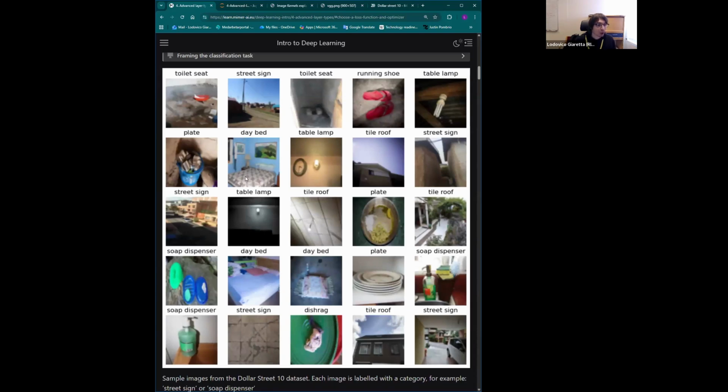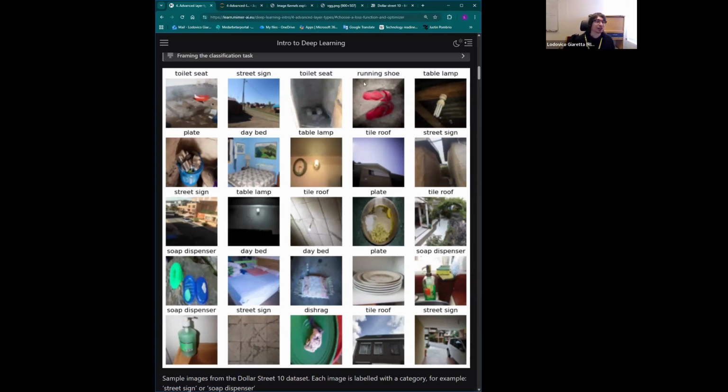Let me just say that these images are not great. For example, if these up here are running shoes, then I think we have some sort of problem. And this actually brings an interesting point for real-world deep learning, which is that real data is very, very messy.